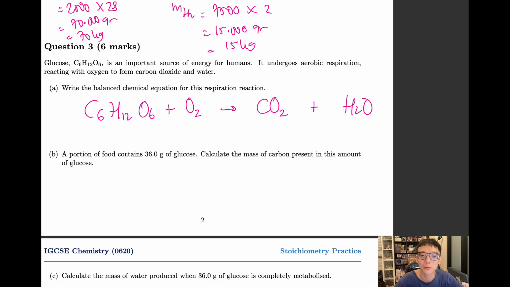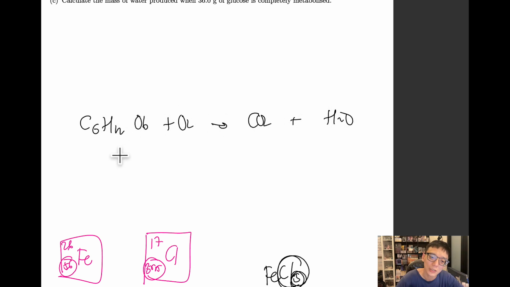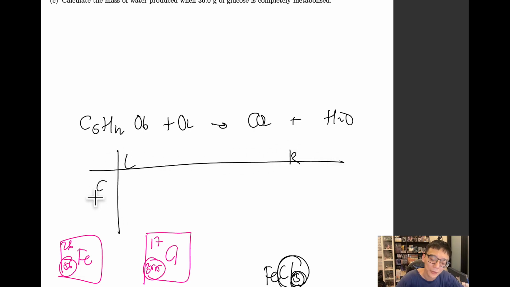You can do it slowly. Let me write it here. C6H12O6 plus O2 gives CO2 and H2O. So left and right: carbon, hydrogen, oxygen. Left 6, right 1. Hydrogen is 12 on the left, right only 2.